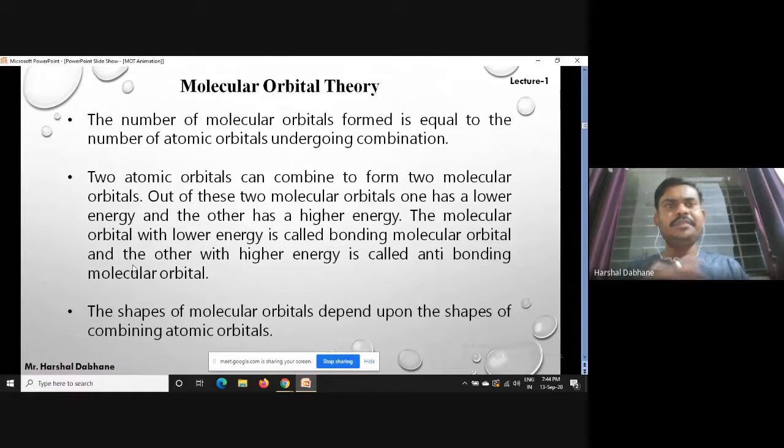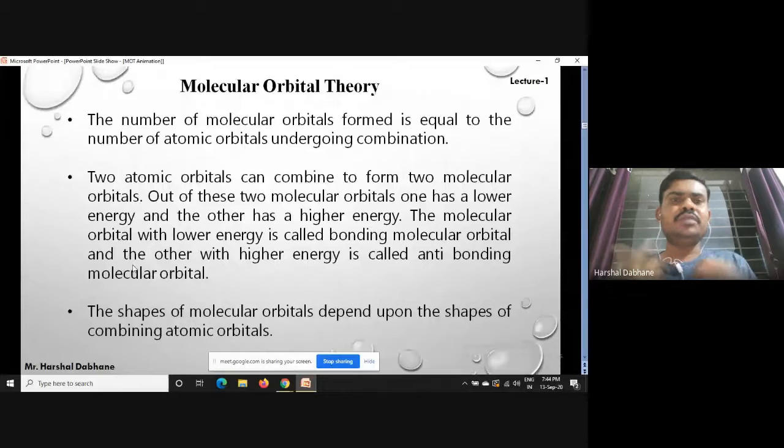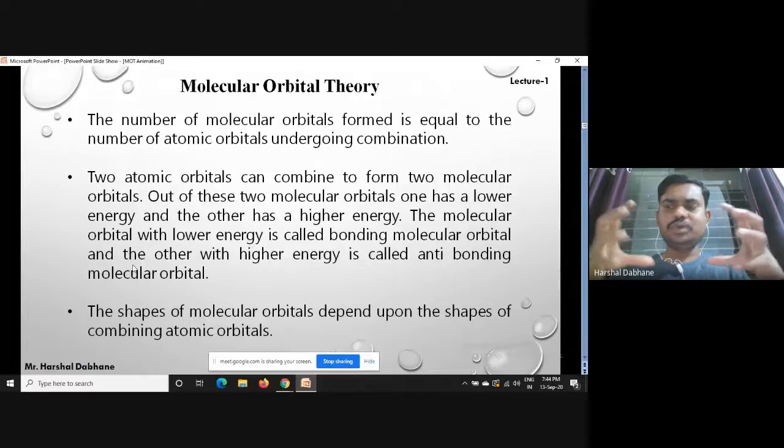Next, the number of molecular orbitals formed is equal to the number of atomic orbitals undergoing combination. We have two atoms with two atomic orbitals. When they react, we get the molecule. How many orbitals does the molecule have? Two.